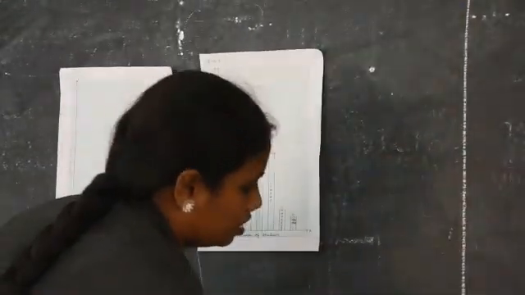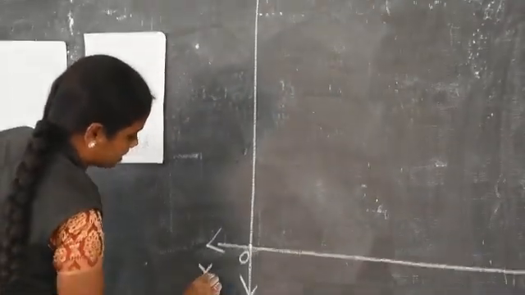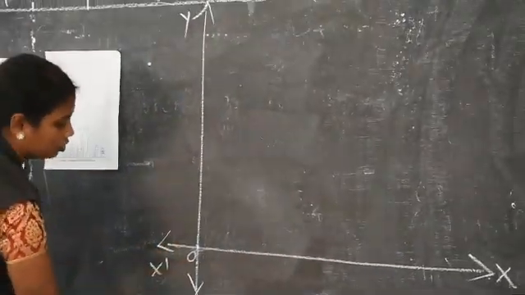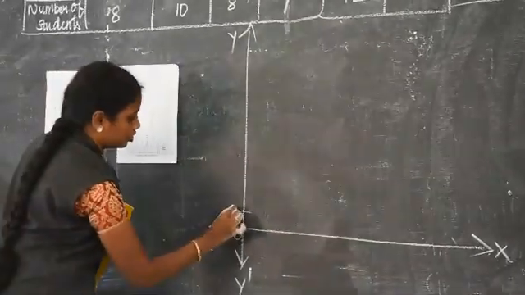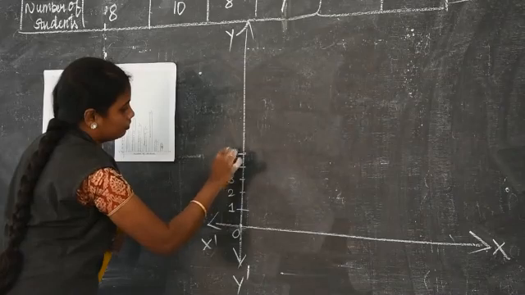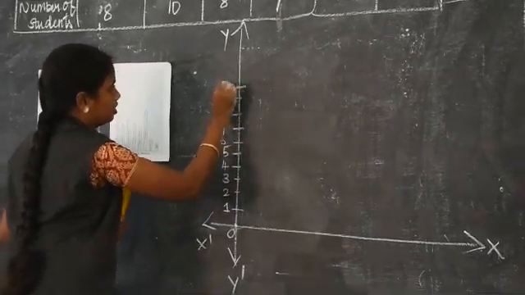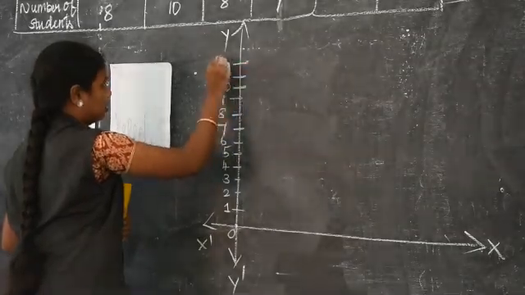Listen. X-axis, Y-axis, X, O, X dash, Y, O, Y dash. Write the units 1 to 12.